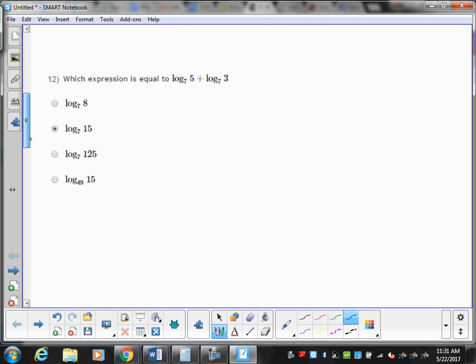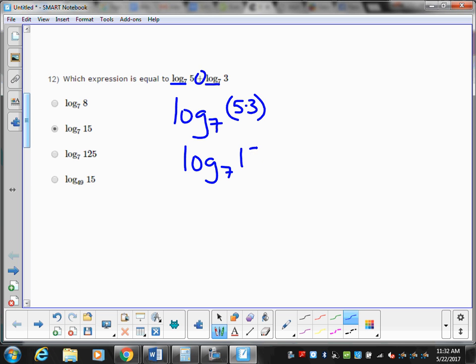Alright, the next one. Which expression is equal to the log base 7 of 5 plus the log base 7 of 3? So if the logs and the bases are the same, and it's an addition, then all you do is multiply those together. So it's log base 7 of 15. Okay.